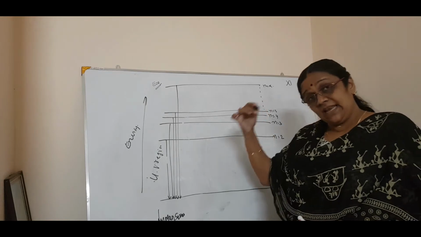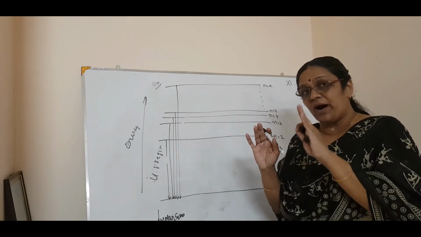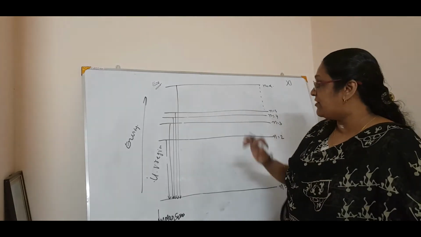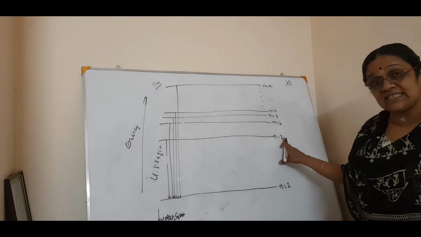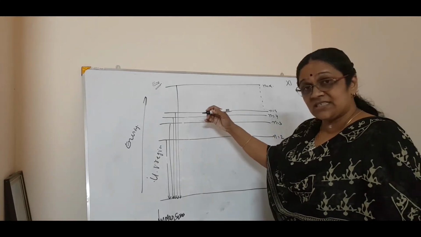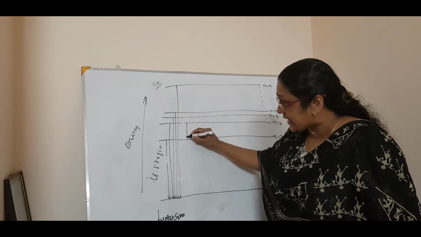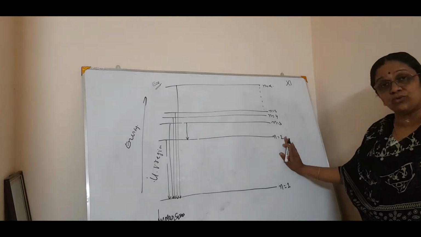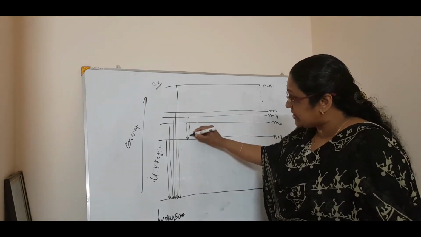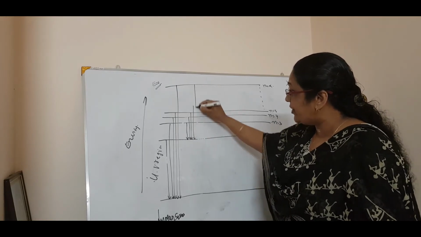Now comes the second series, which is called the Balmer series, for which you got the nu bar expression. Now I will draw it for you. Balmer series means n is equal to 2, that is the second level. So the first transition is from the third level to the second level. In the same way, from 3 to 2, 4 to 2, 5 to 2, and from infinity to 2.